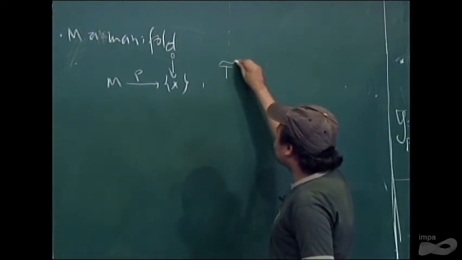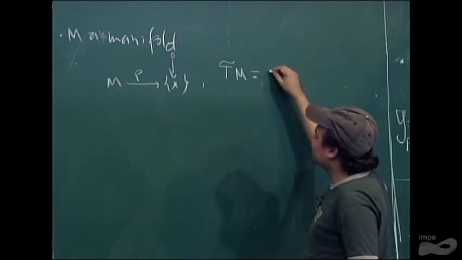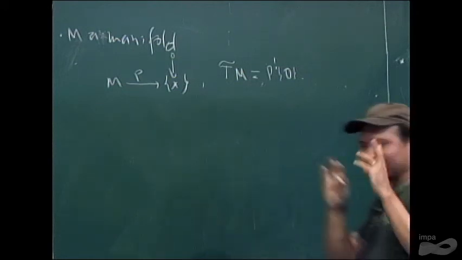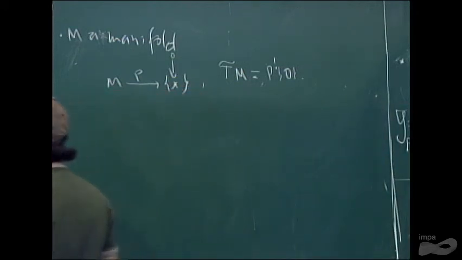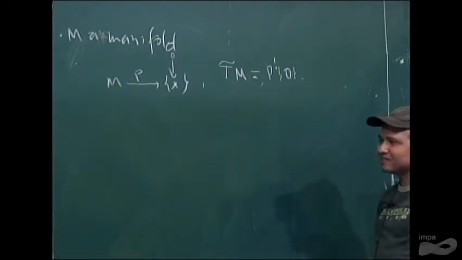So the generalized tangent space of M has to be the pullback of the null structure by the projection to a point. This is the idea of what I wanted to define as an exact Lie algebroid. These are supposed to be the Lie algebroids that can be generalized tangent bundles.